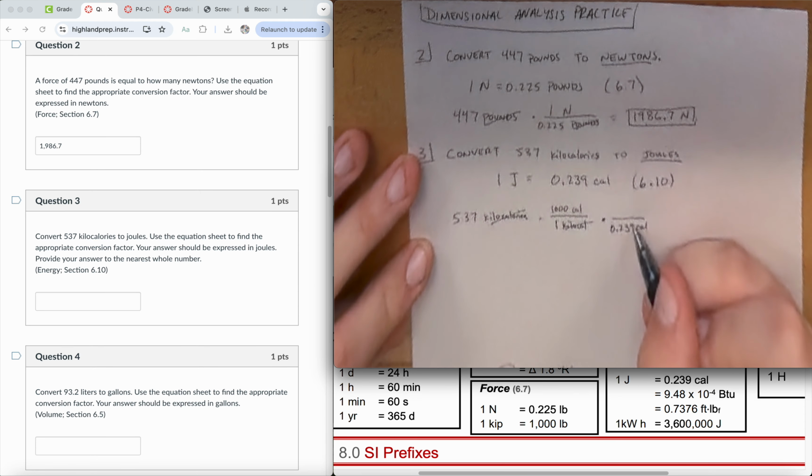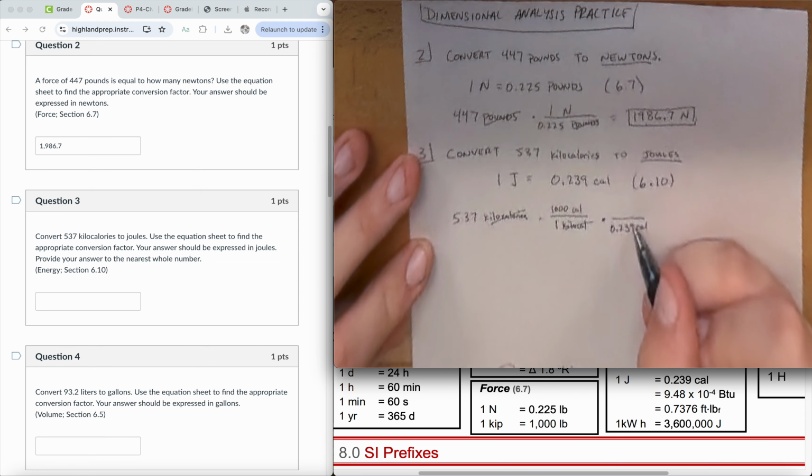We're going to round this answer. They say to provide your answer to the nearest whole number. So in this case, that means we have 2,246,862. We can put the commas in place there, and then put joules. And now we've got that.